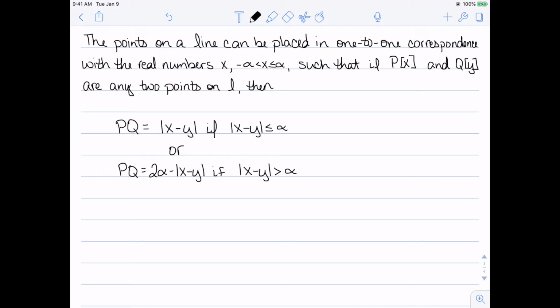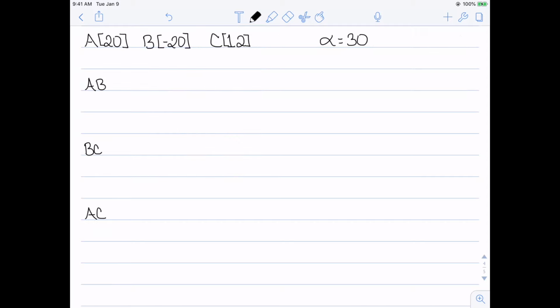So let's look at some examples of using this. So I have 3 points. A has coordinate 20, B has coordinate negative 20, and C has coordinate 12. And I know that alpha is equal to 30. I want to find 3 distances. Distance between A and B, B and C, and A and C. So for AB, we start by finding the absolute value of negative 20 minus 20.